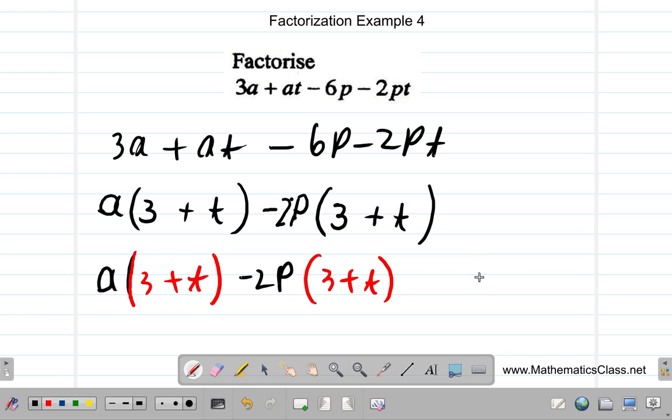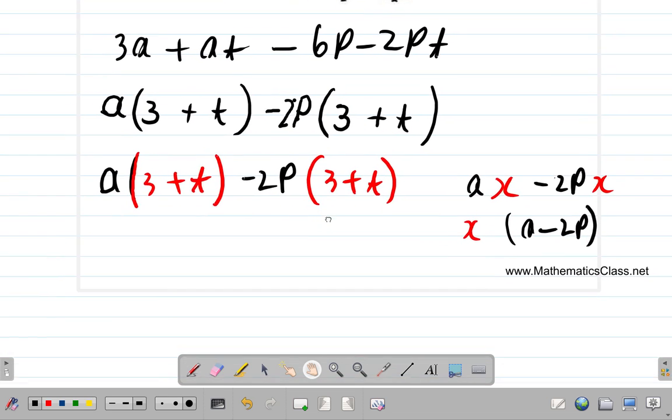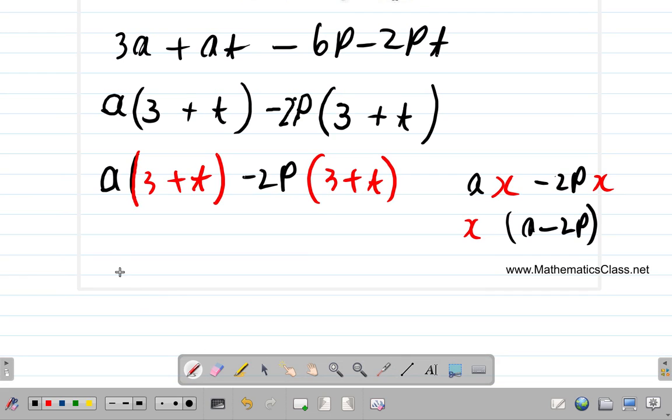You're going to treat it as if it was a times x minus 2p times x. You see that? What you would do is put x outside the bracket, and inside the bracket you would put a minus 2p.